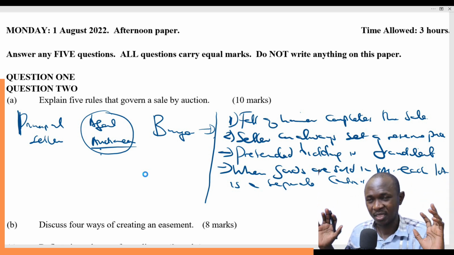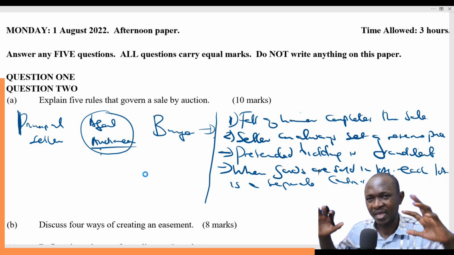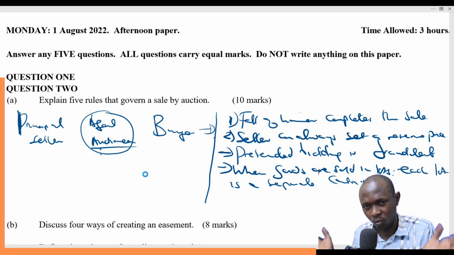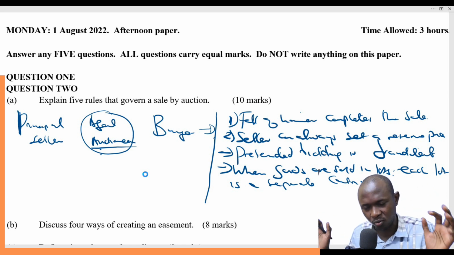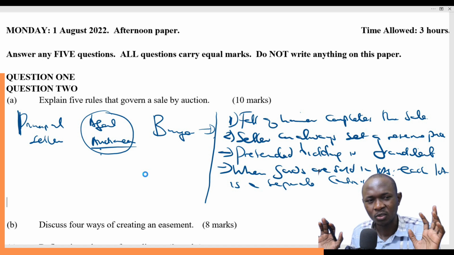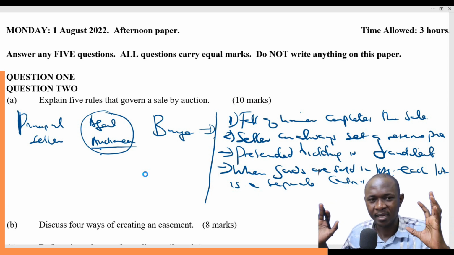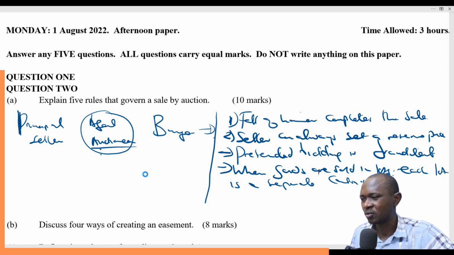And even when it comes to purchasing, you purchase them in that group as it was when it was being auctioned. So if we're talking about so many items placed together, then those items will go as one. That's what we mean by when goods are sold in lots. In lots, each lot is a separate contract.